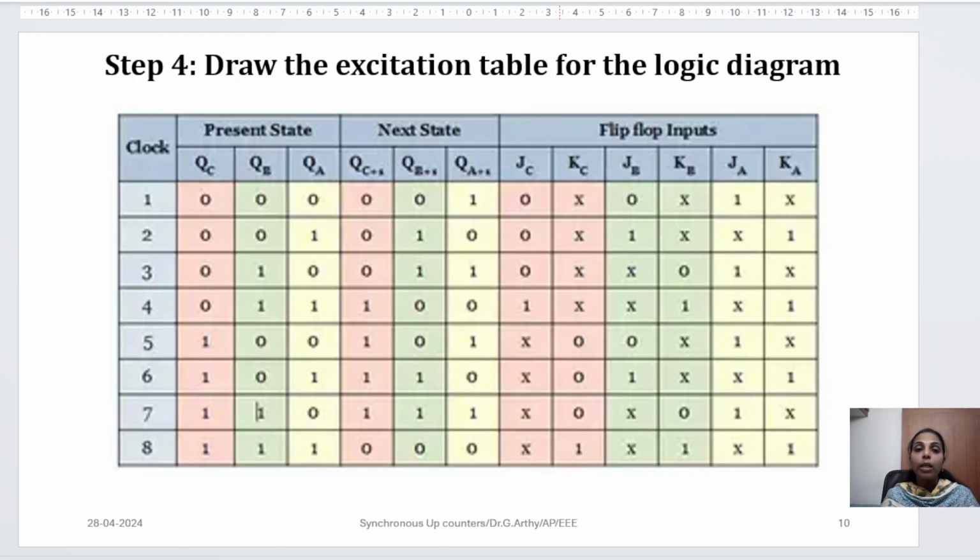We need to give the inputs appropriately, so we have to find the values of J and K for all three flip-flops. A, B and C are the three flip-flops which have two inputs each, JA KA, JB KB and JC KC. So altogether 6 values we have to find.